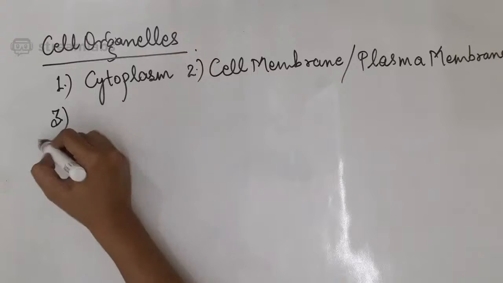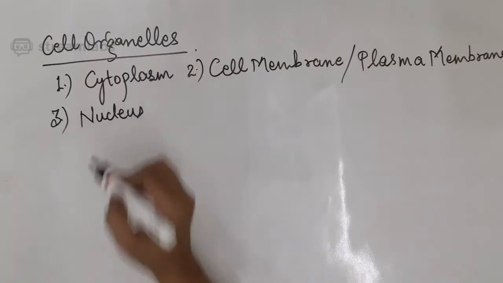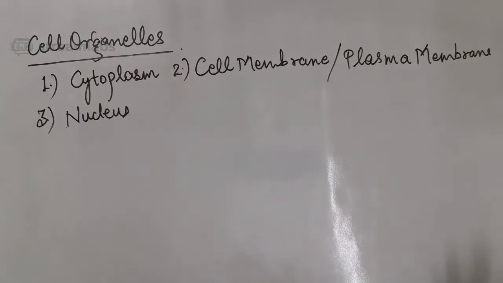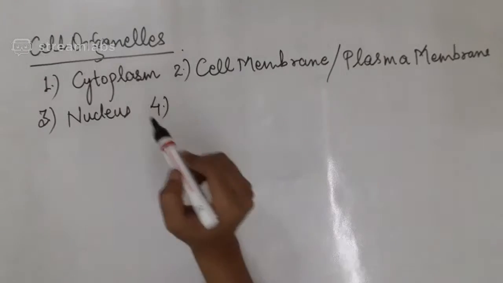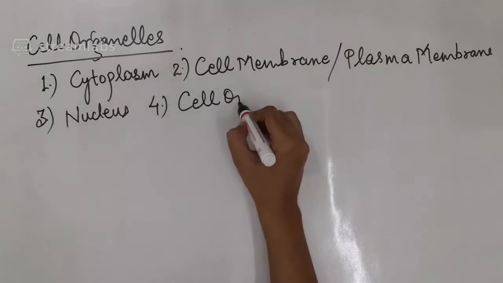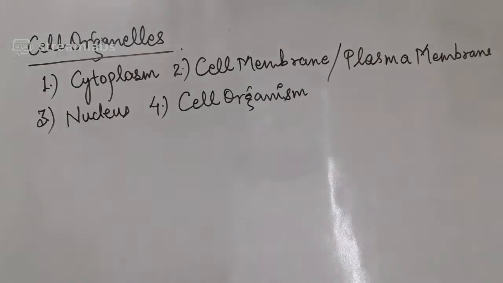Third is the control center of the cell, that is the nucleus. These three are common cell organelles found in both the types of organism, whether it may be a plant or an animal. Fourth are the cell organelles. These are the parts of the cell that constitute any living thing or living organism.